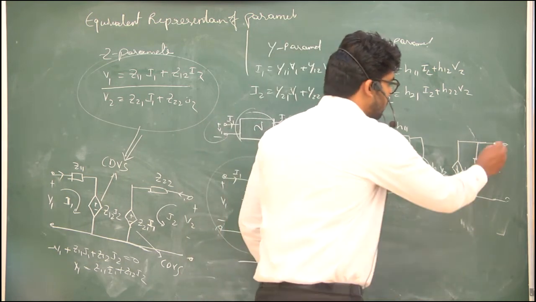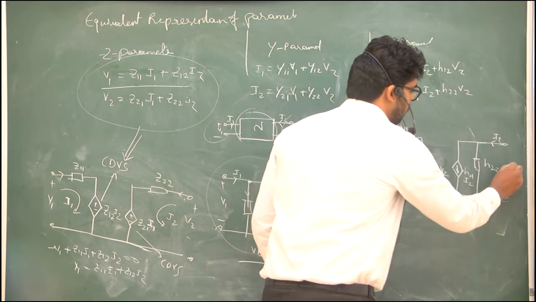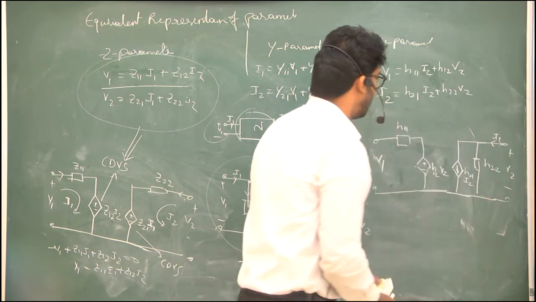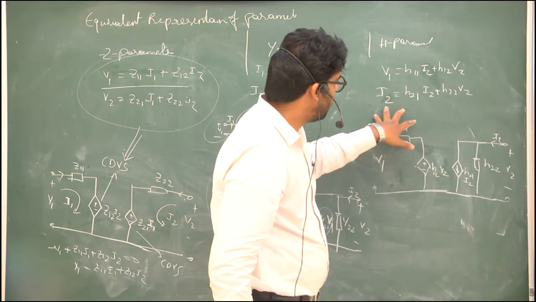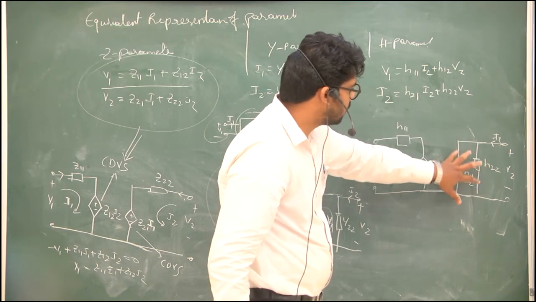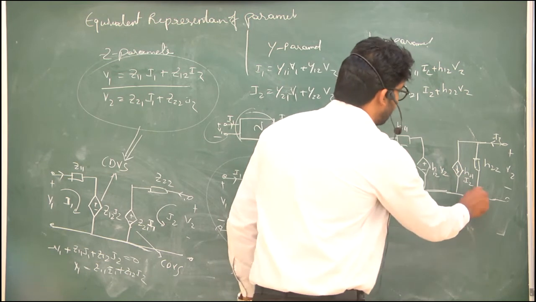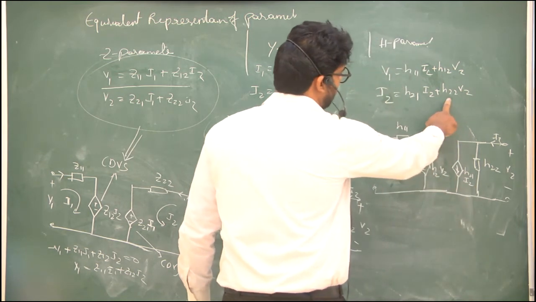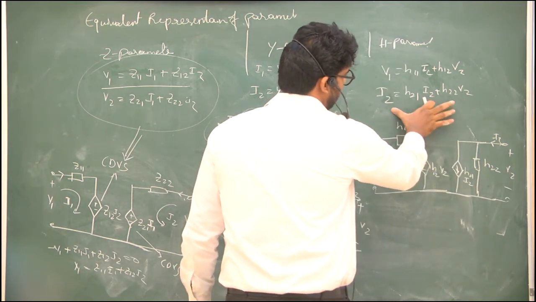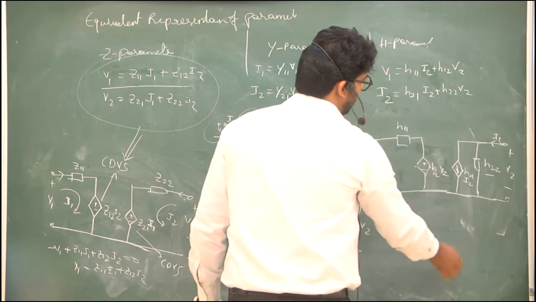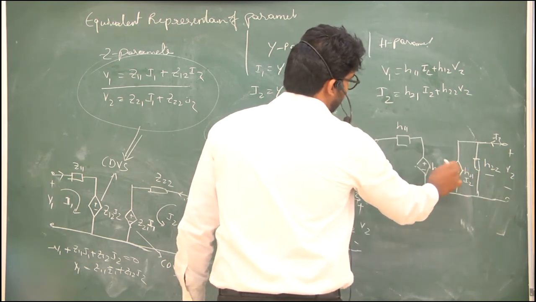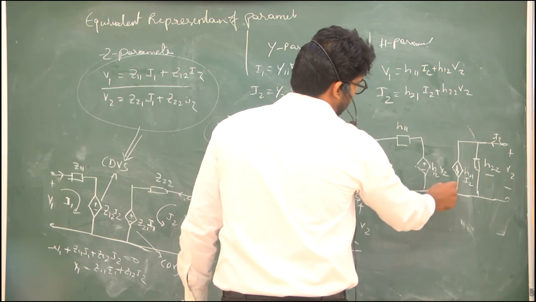Coming to this, a current is entering, I2 is entering. So I2 equals h22 V2, that is I2 by V2. This is h22, an admittance. This is satisfied. Now coming to h21 I1, that is a current source.